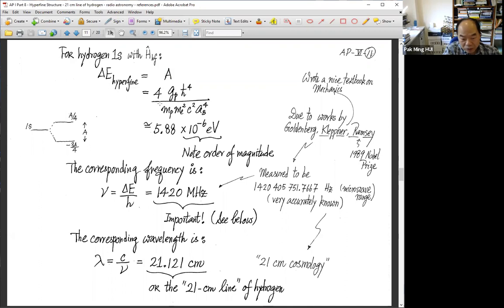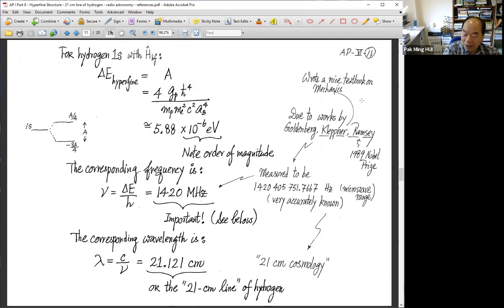It has to do with the mass of proton and electron, the Bohr radius, and then there's a g factor for the proton, which is about 5. For the electron, it is 2, and for the proton experiment gives us a number that is about 5 point something, or 1 anyway, and ħ to the 4th.